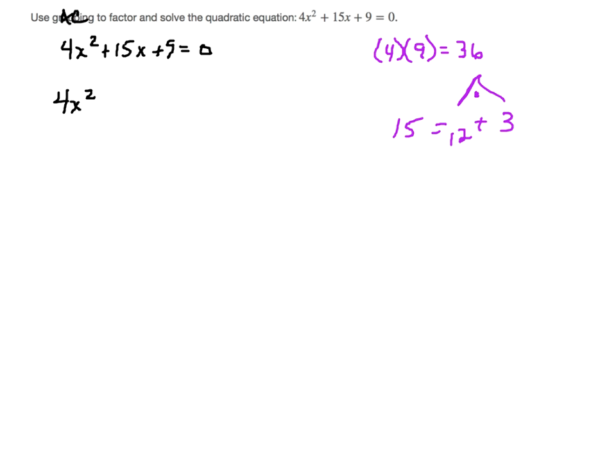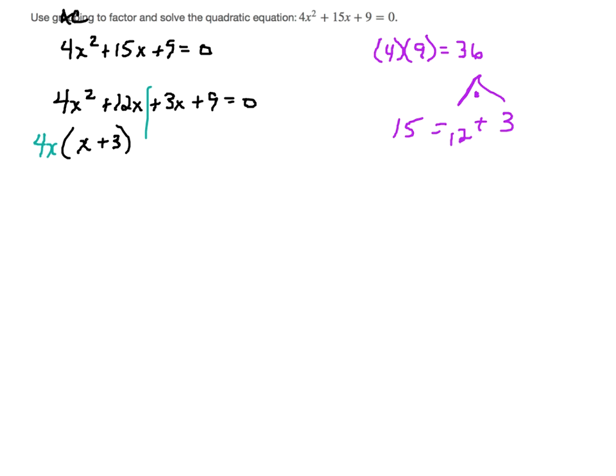Okay, so I'm going to rewrite 4x squared. I'm not going to write 15x. I'm going to write positive 12x, positive 3x, plus 9 equals 0. Now I'm ready to group. These actually have a 4x in common.